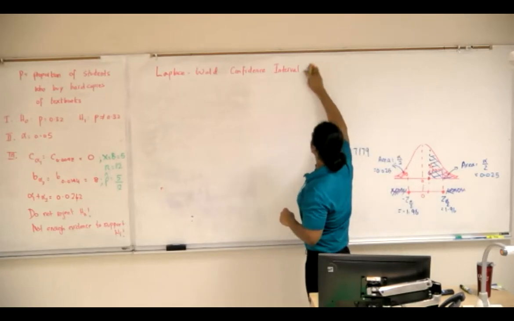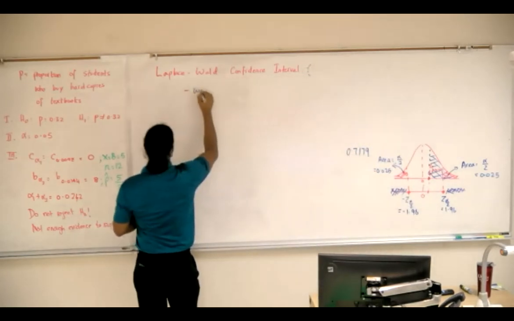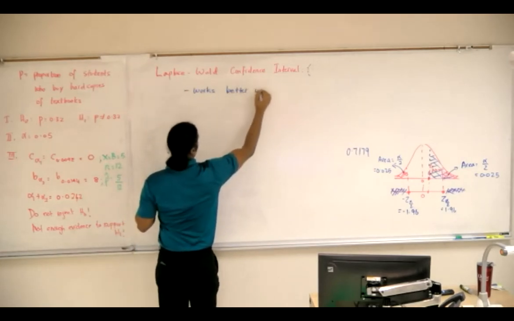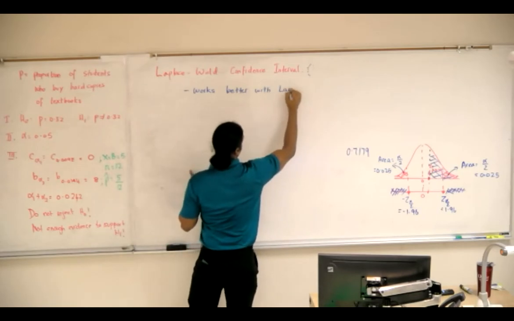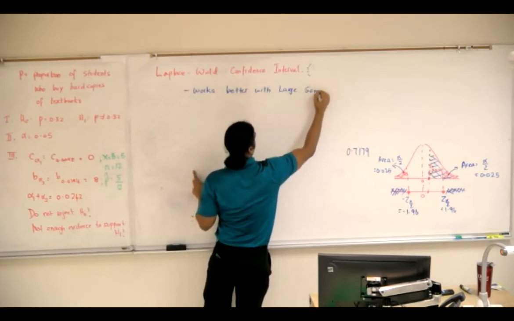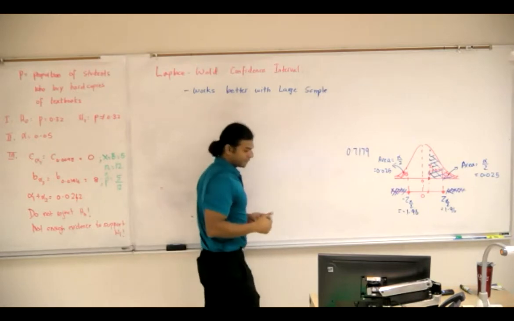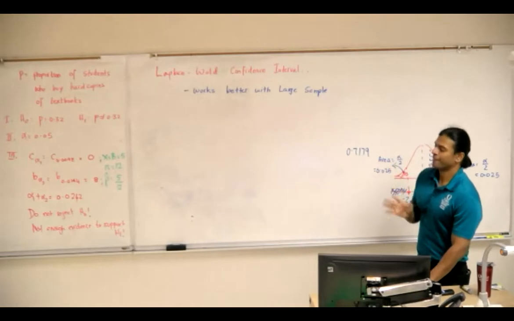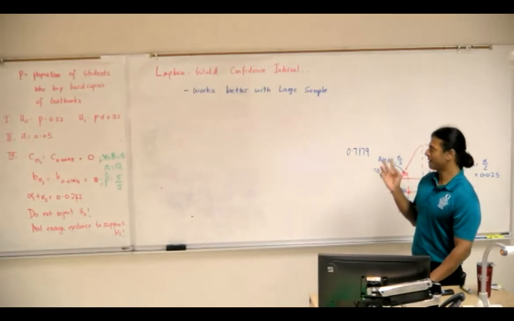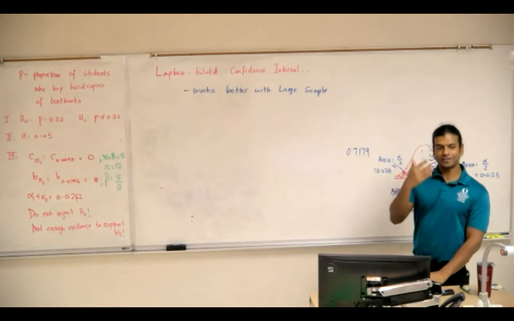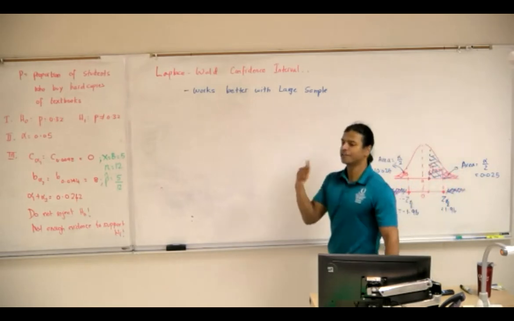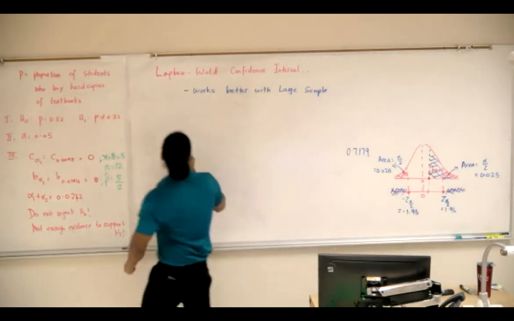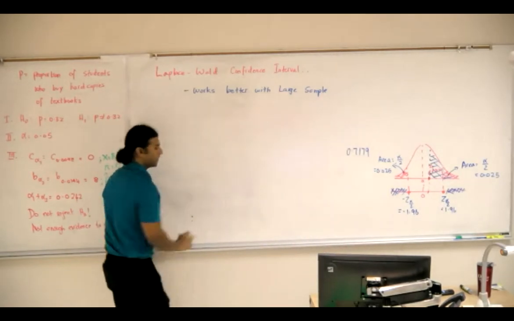If the large sample assumptions are satisfied, then you can use Laplace-Wald. By all means, the Laplace-Wald confidence interval is the confidence interval for proportion that you did in Statistics 2023. Do we remember how we did that?